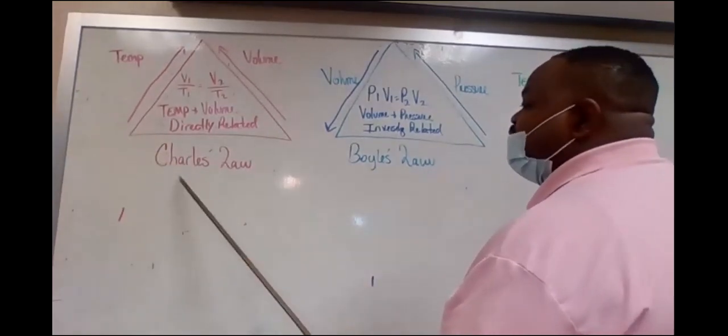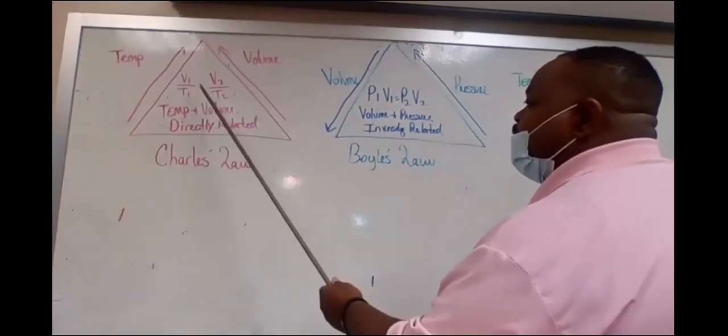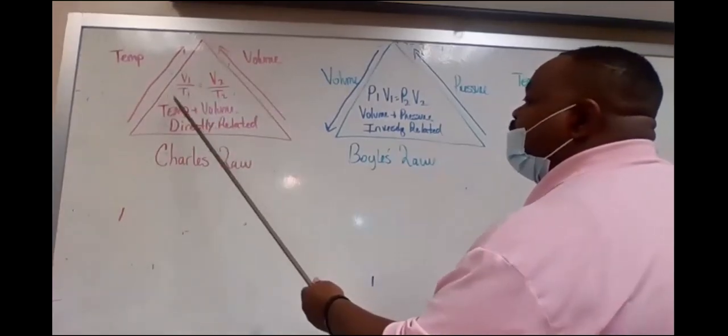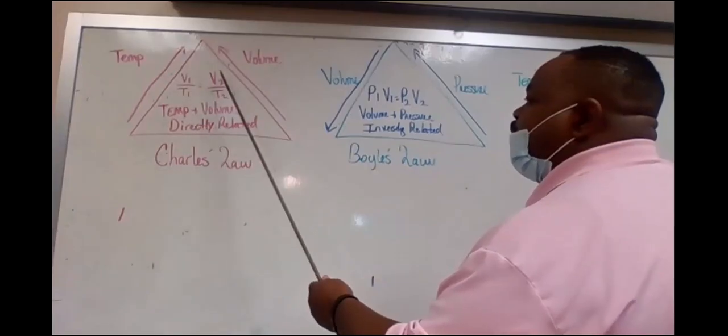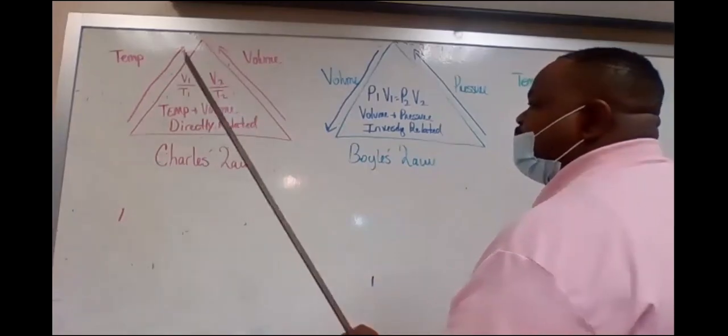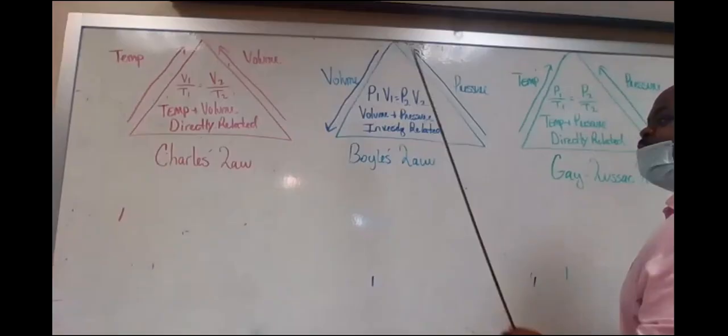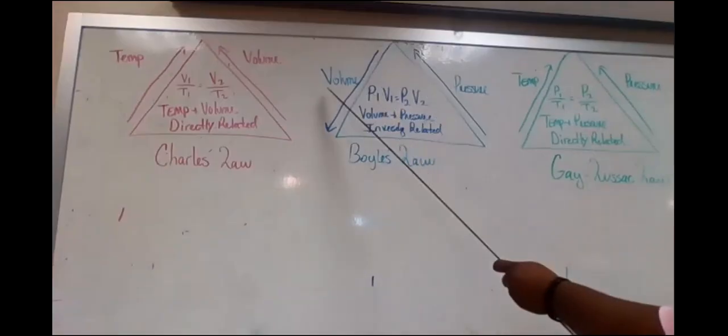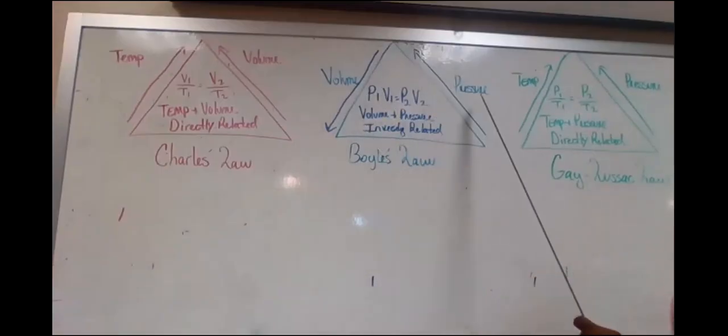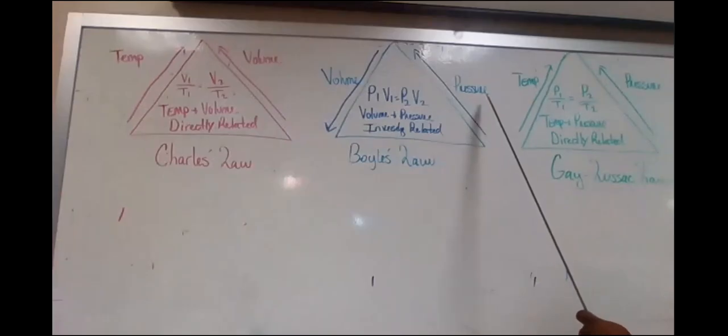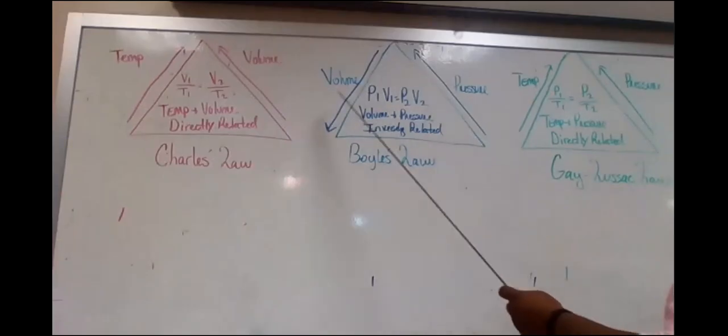If that happens, that's Charles's law, signified as volume 1 over temperature 1 equals volume 2 over temperature 2. Okay? Boyle's law says that if volume goes down, then pressure goes up. If pressure goes down, volume goes up.